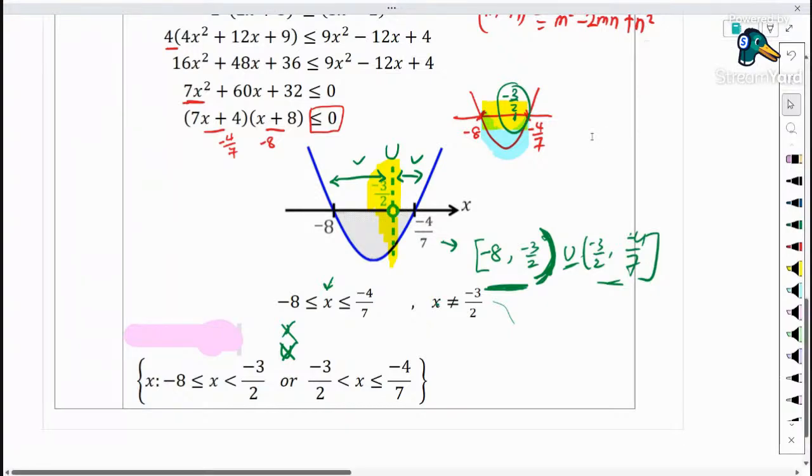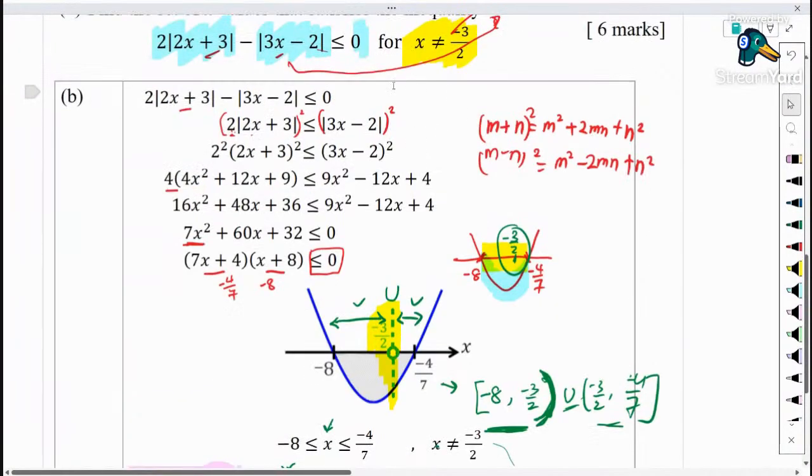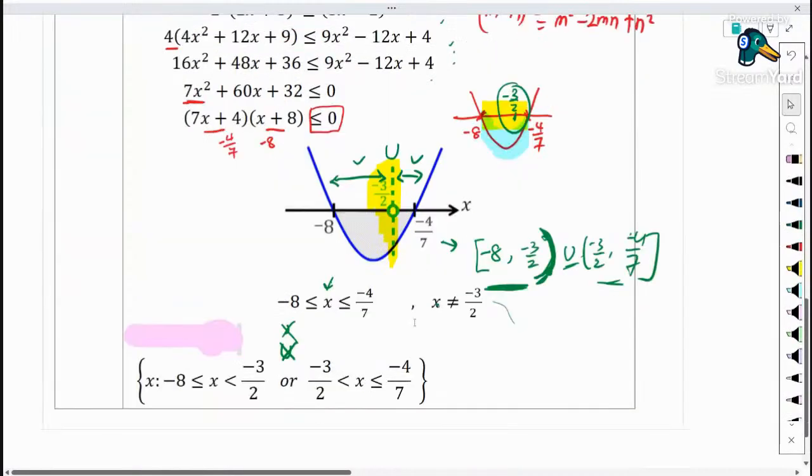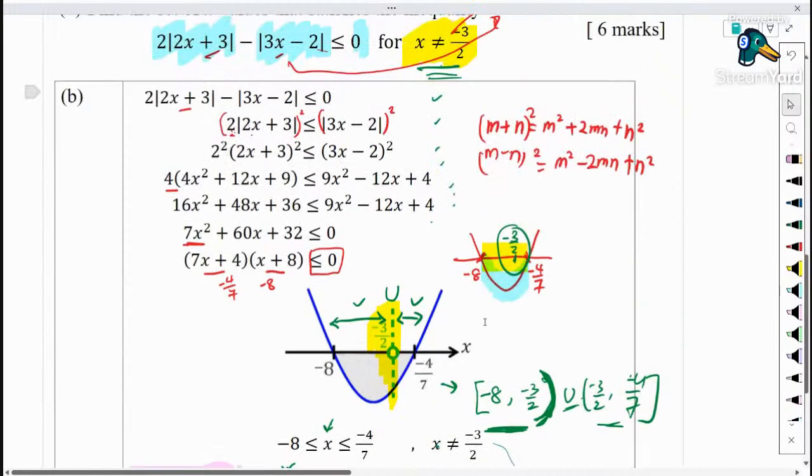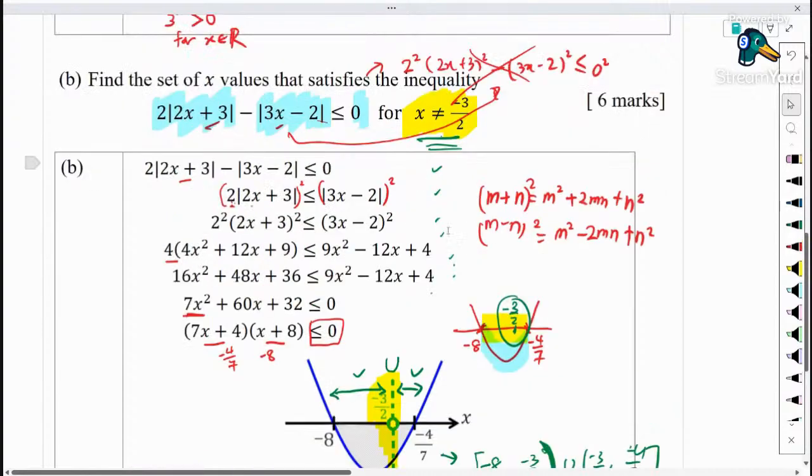By the way, if you realize, in my solution I didn't keep writing x not equal to negative 3 over 2 along all the calculations. In my lecture and tutorial, I asked you to keep writing this condition at the side to remind yourself that x shall not equal negative 3 over 2 until the final answer, because I want you to always remember that this condition is important.